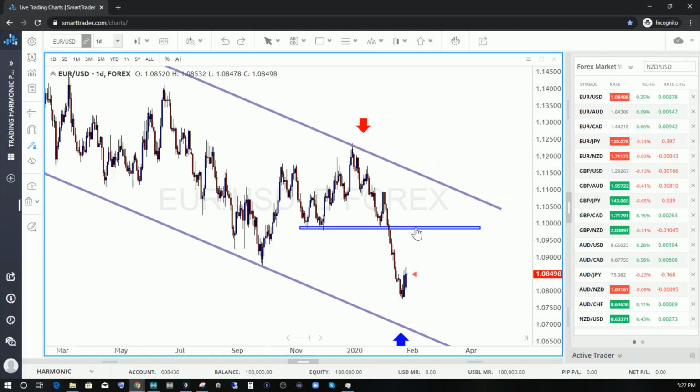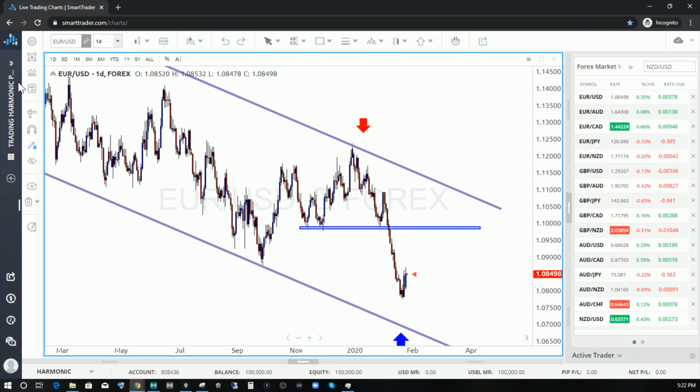And if it comes back to retest that support right here, I may make a decision that I don't want to pay attention to any more buys on this pair, but I may want to look for selling opportunities, bearish patterns, and sell the market back down south. But for right now, I'm going to say, let's buy to the top, right? Let's buy the top.